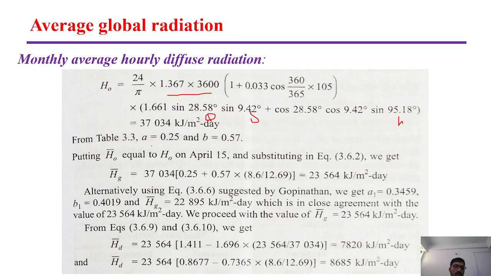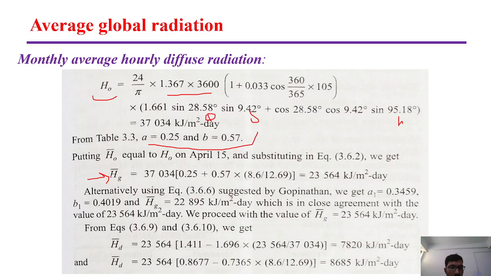The values can be taken from the table or can be calculated. Once we know the value for H naught, we can easily calculate the value for HG. When we know the value of HG, then the correlation comes for HD.